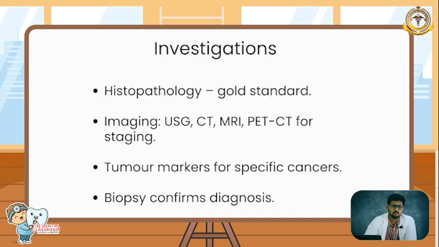Investigations to confirm the diagnosis: histopathological examination is the gold standard. Other imaging techniques are ultrasound, CT, MRI and PET scan, to confirm and to stage the disease. Tumor markers are helpful for specific cancers, and biopsy confirms our diagnosis.